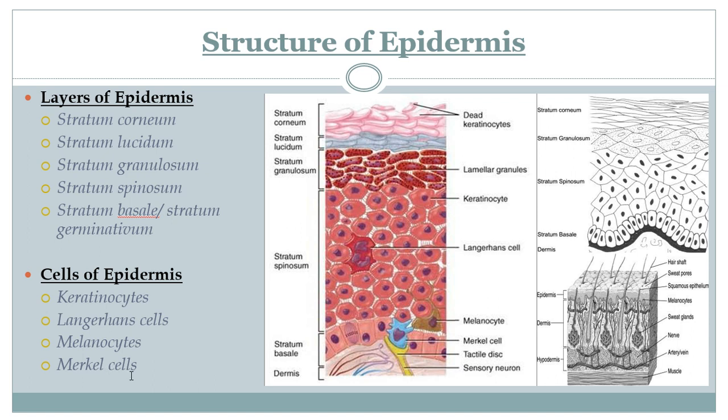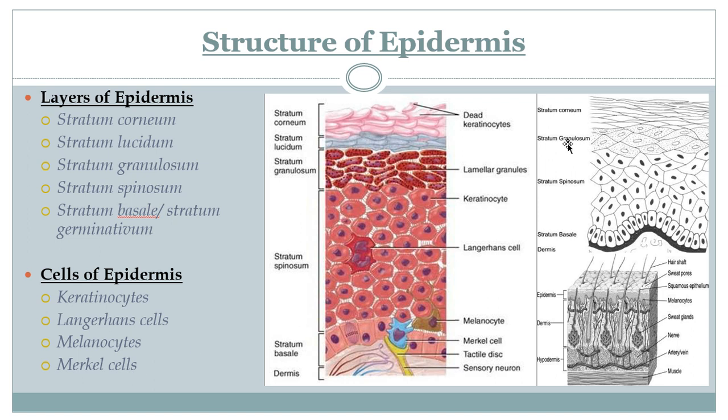Merkel cells are also known as Merkel-Ranvier cells or tactile epithelial cells. These are oval-shaped mechanoreceptors which help to sense light touch sensations. Therefore, these cells are abundant in highly sensitive skins like fingertips of human beings.